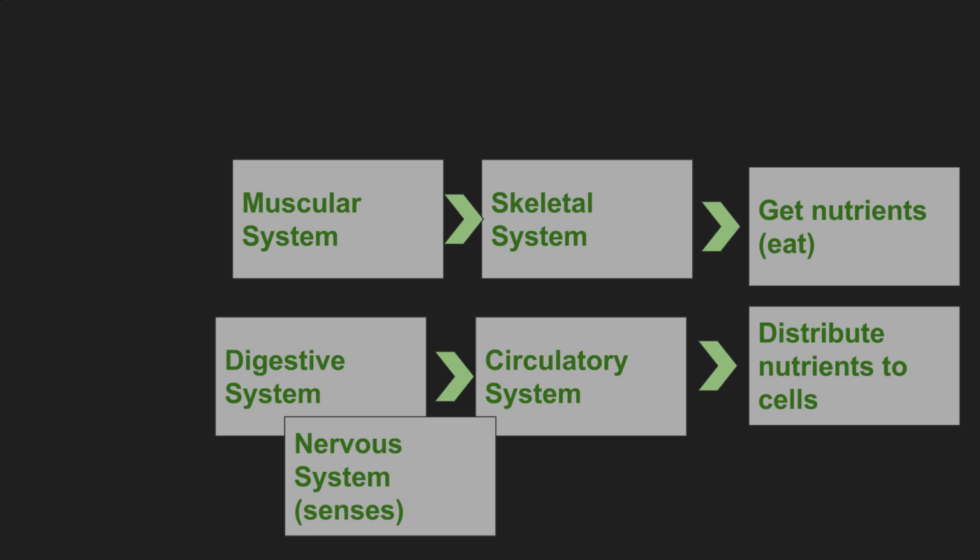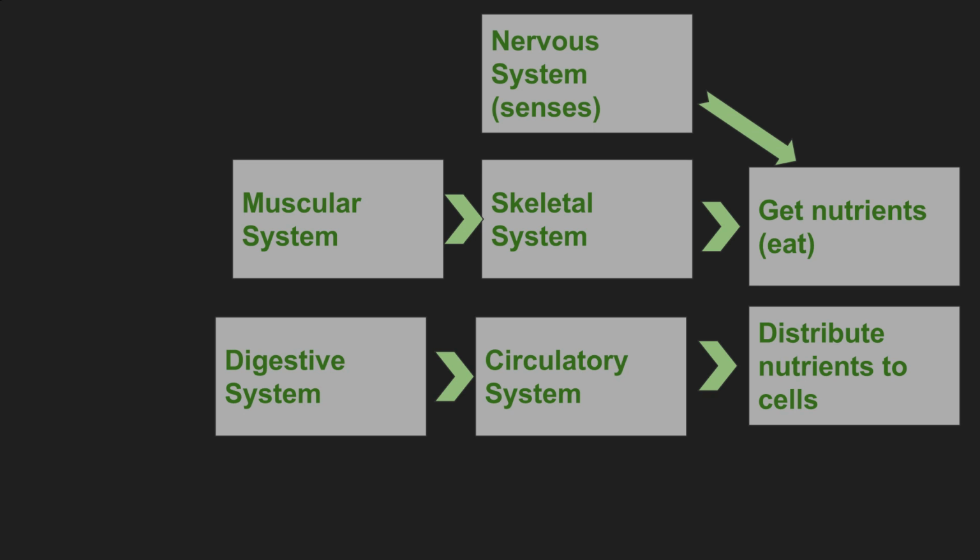So the nervous system, its senses, are going to help it find the food that it's going to eat. So we have the nervous system as well as the skeletal and muscular systems helping it get nutrients. And the digestive system and circulatory system are working together to distribute the nutrients to the cells.